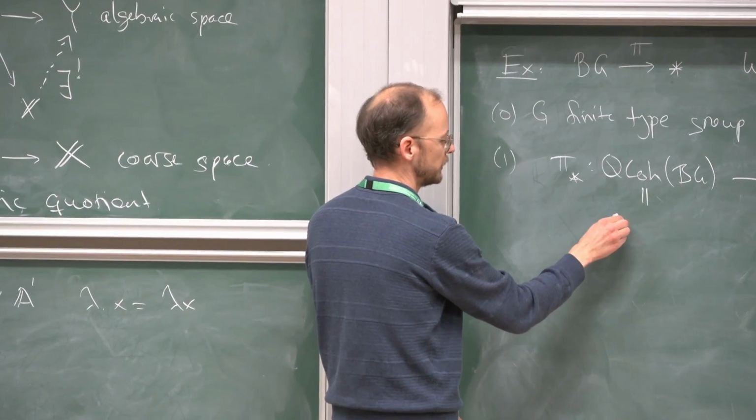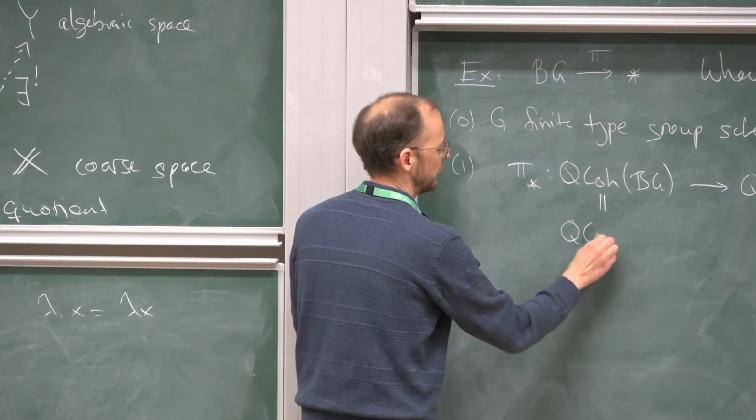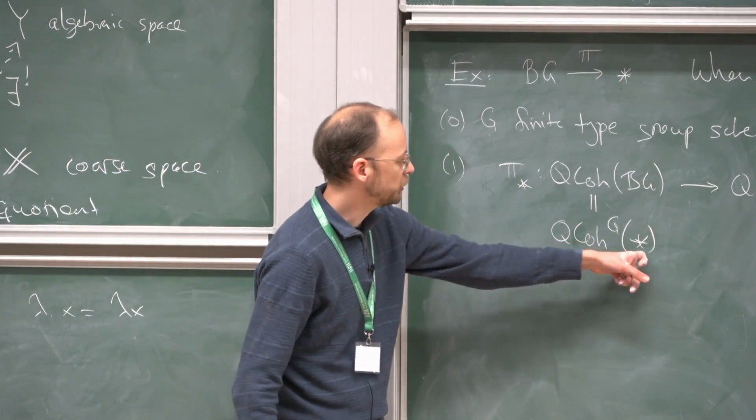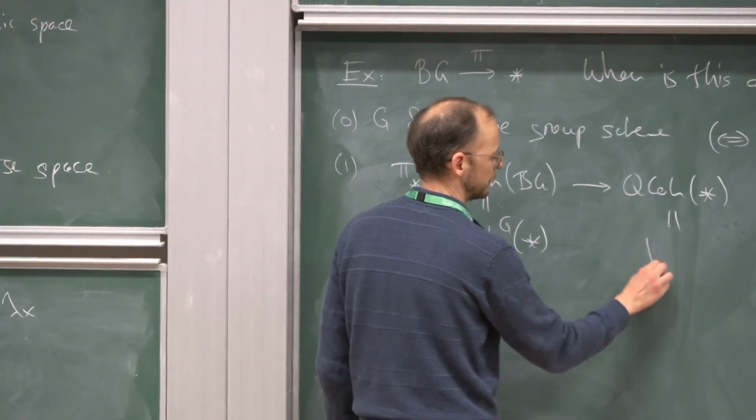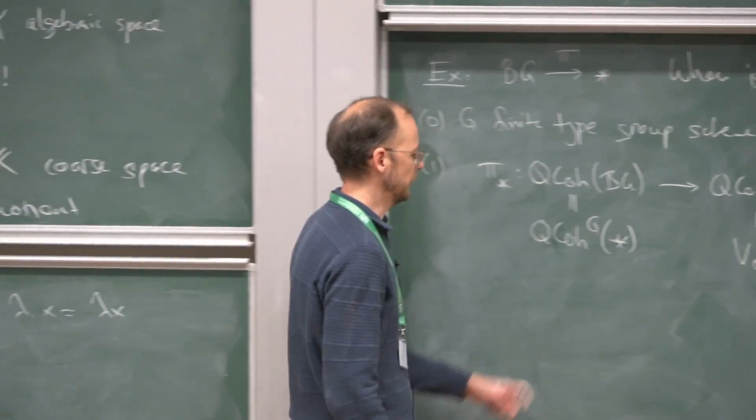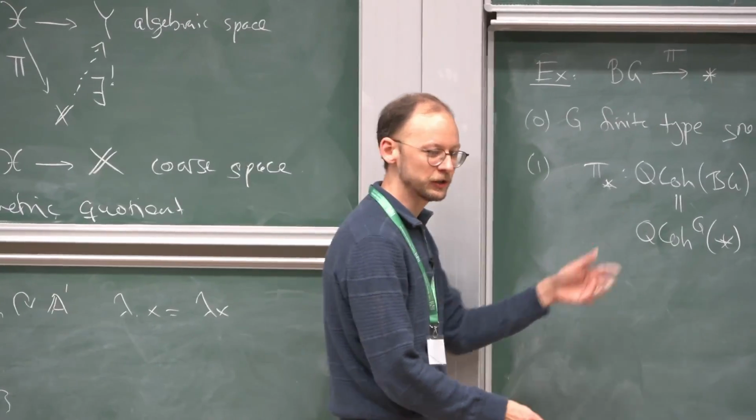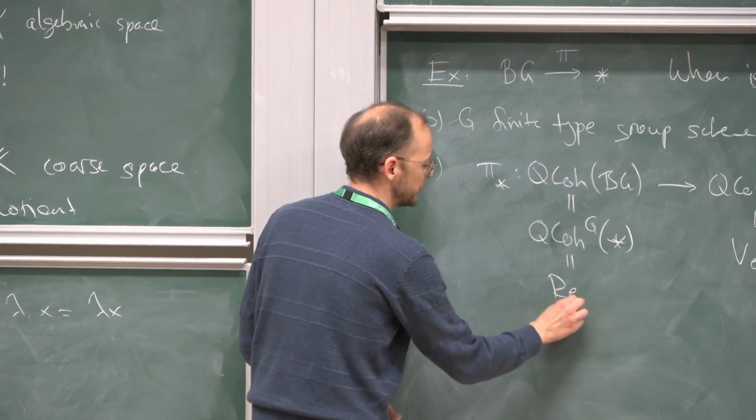A sheaf on a point is just a vector space, and with G action these are G representations.